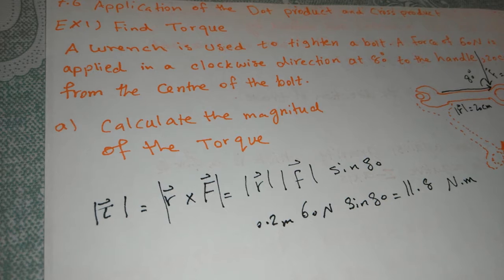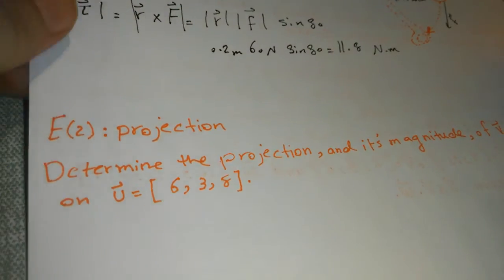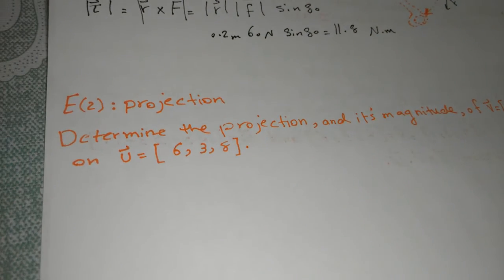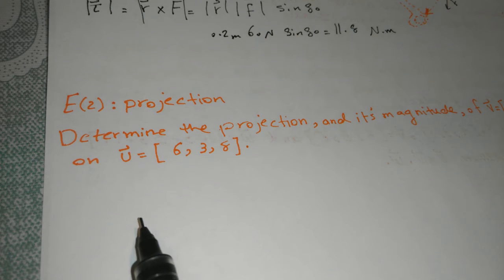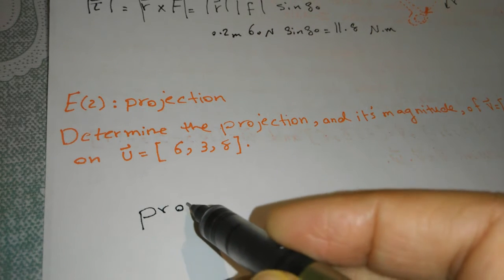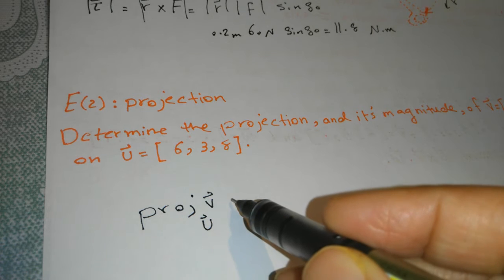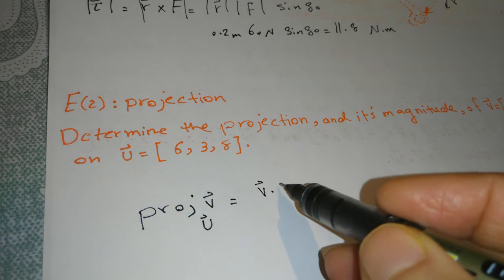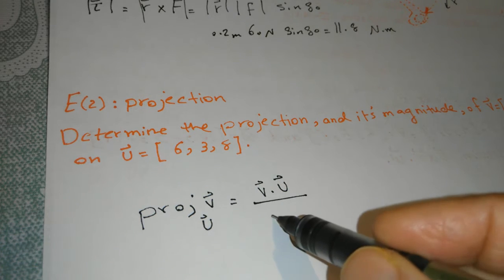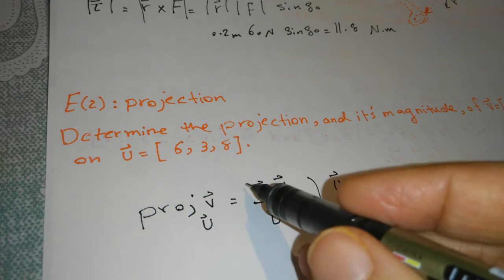So next example, the projection that we have done before. Determine the projection and its magnitude of v on u. If you remember that equation, the projection of v on u is equal to v dot u divided by u dot u, times u.